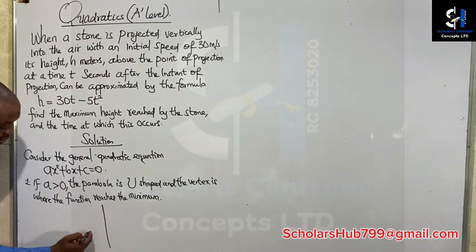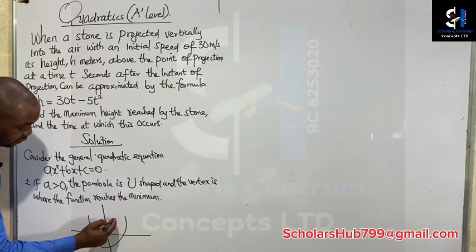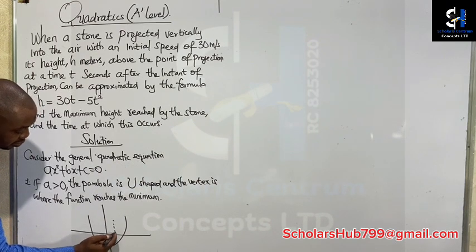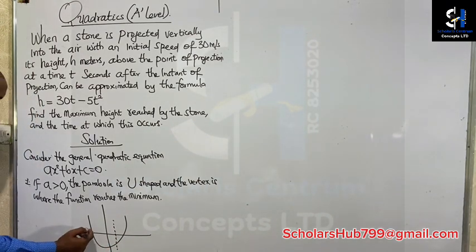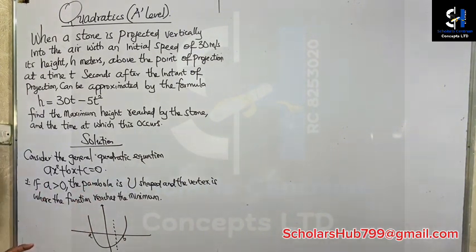So it will be U-shaped, and the vertex is where the function reaches the minimum. So this is the U-shaped parabola.